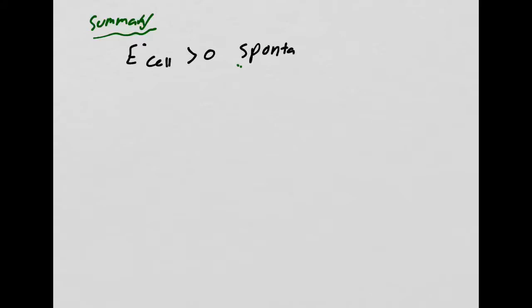Okay, beautiful. Now I'm ready to do a little summary for you. Here's a summary. So remember, if the E cell value is more than 0, is positive, that means the reaction is spontaneous.